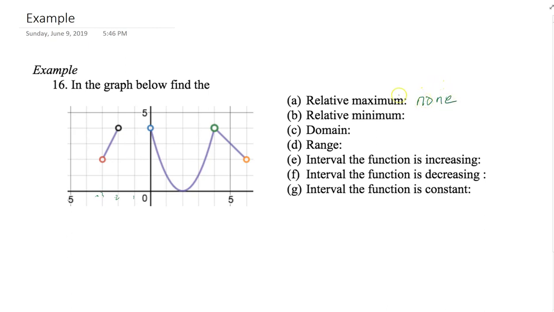What about relative minimum? Well, there's an open circle where x equals -3 and y is equal to 2, but because the open circle does not exist, that is not allowed. When x is equal to 2, there is a minimum when y is equal to 0. So there's a minimum where f of x is equal to 0, and that is when x equals 2.